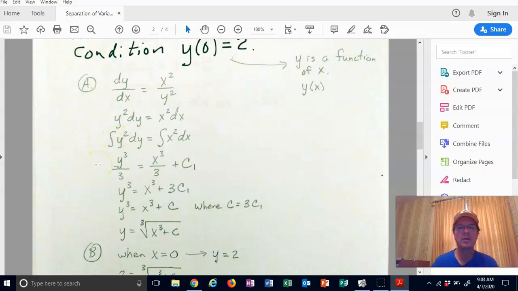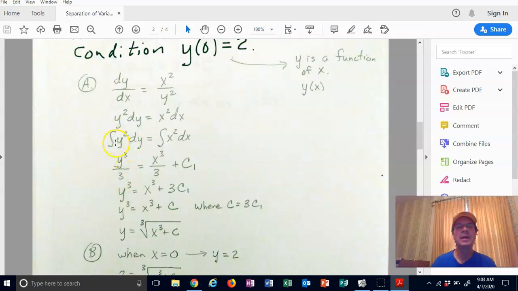Integration is just an operation. Whatever you do to one side, you do to the other side. And if we integrate y squared, and I have dy, so I'm integrating y's with respect to y's, x's with respect to x's, it's perfectly set up. Integrating y squared is just a power rule, so I'll get y cubed over 3, or 1/3 y cubed.